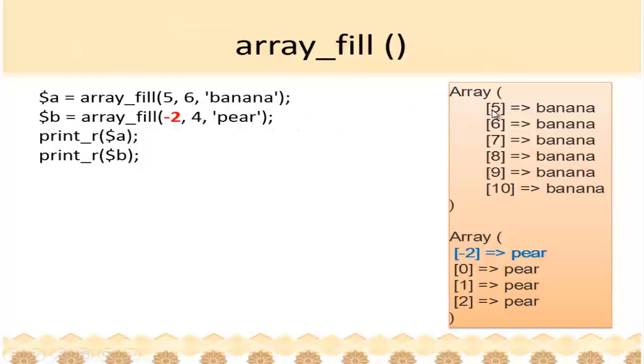So 5 is the start, and 6 is the count. Start here and how many elements have to be filled. So start at index number 5 and the next 6 elements. If you count 1, 2 and up to here, it's 6 elements, including 5. Now if you supply a minus value as the starting index, it will start from that as the starting index. Then onwards, it will fill using the other indices.